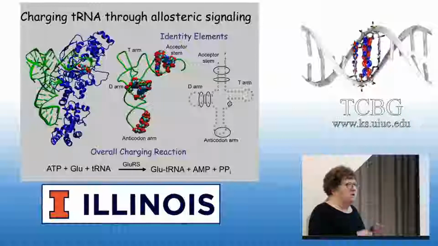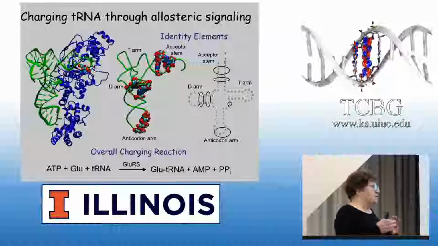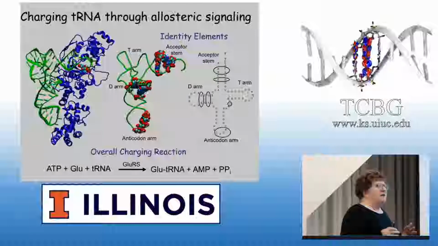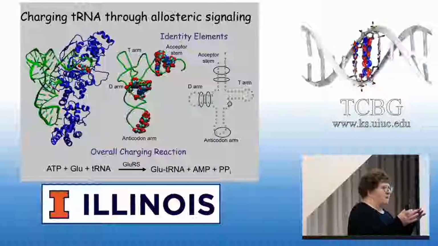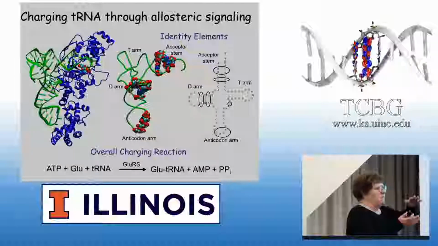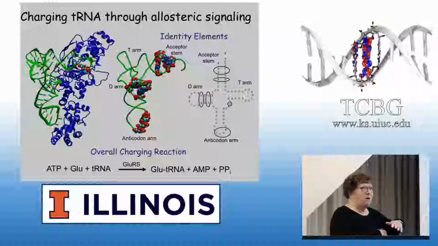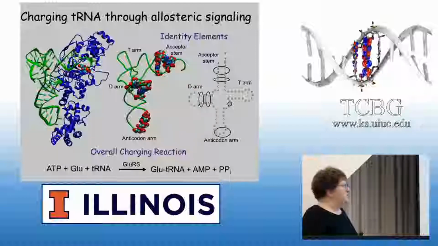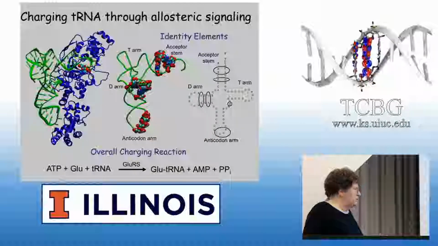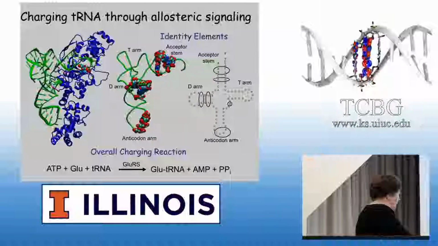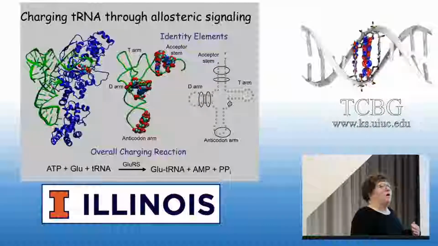There are class 1 and class 2 synthetases, and each class has a very similar active site topology. By that I mean, in the active site, maybe one has a set of parallel beta strands and the other has anti-parallel, but there are generally two classes. Then you have to ask what has to be there for the charging reaction to take place.